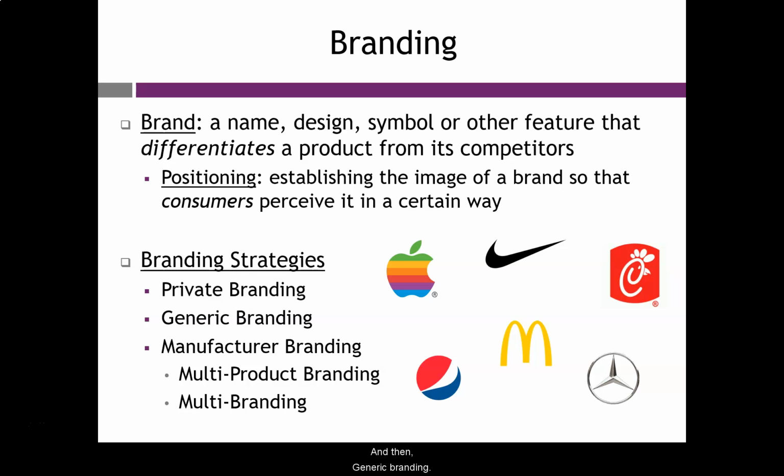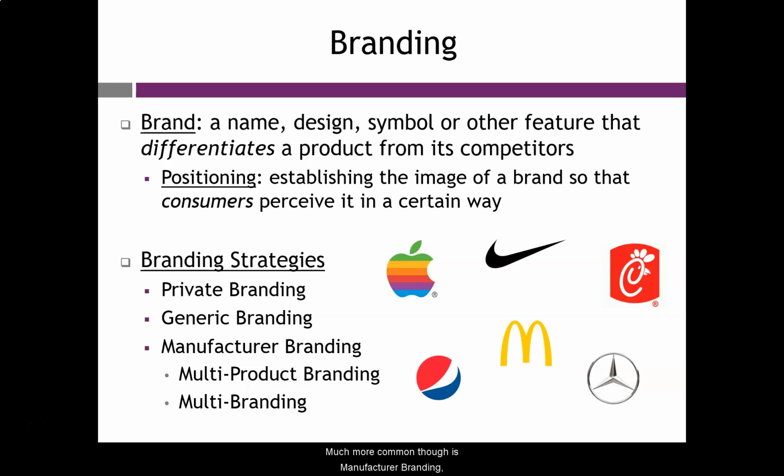And then generic branding. You might have heard of generic drugs. They don't have a brand. They're generic. In some grocery stores, you might just see a black and white label that just lists contents. There's no brand. Generic branding. Generally cheaper because there's no advertising or marketing or promotion.